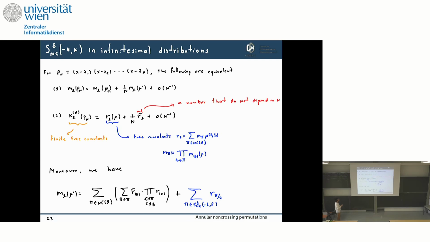These guys here are just the usual pre-cumulants, and these guys here are just some numbers that do not depend on n. We find a relation between the infinitesimal moments and these quantities, which is given by this relation.